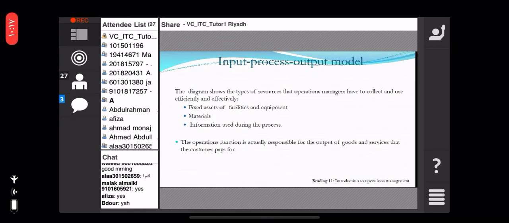Because during the operation hours, he is there to help you, and you are paying money for his or her operations, to get a feedback, to get output. So the operation function is actually responsible for the output of goods and services that the customers pay for.